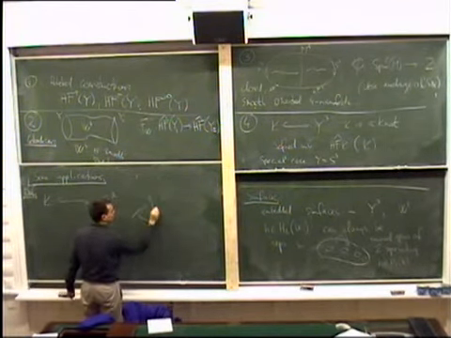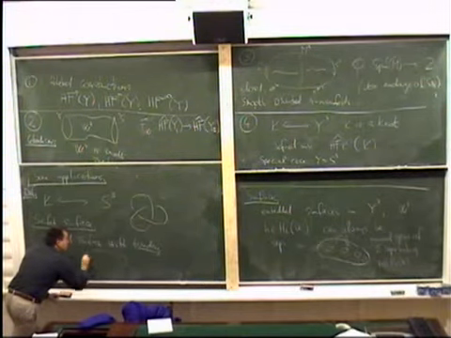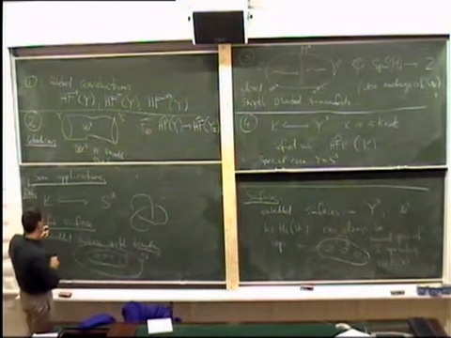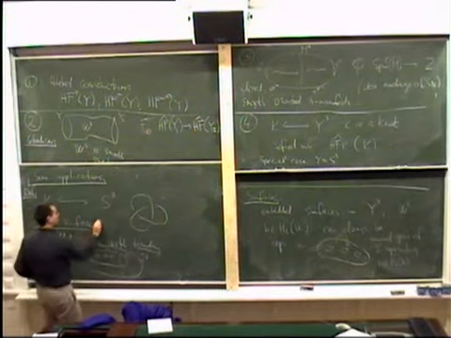So this whole space is S3, and this is an embedded surface with boundary with the property that the boundary is the knot. So a Seifert surface for the knot K is such an embedded surface that the boundary of the surface maps onto the knot. Okay?